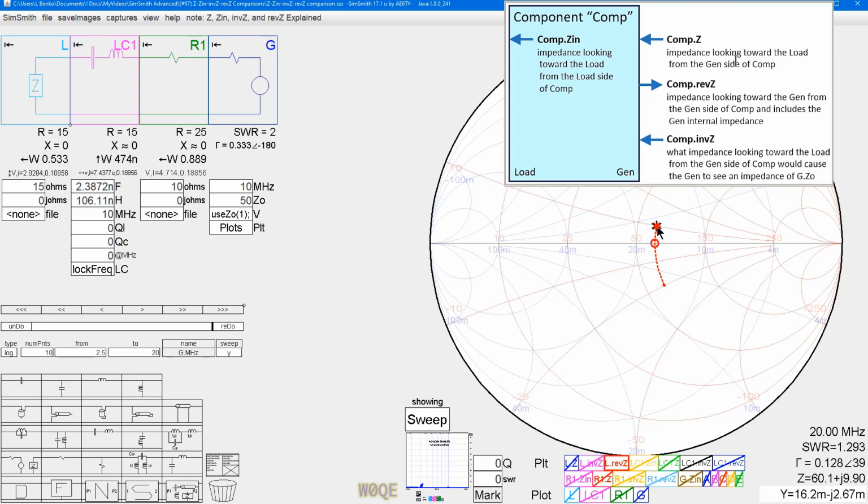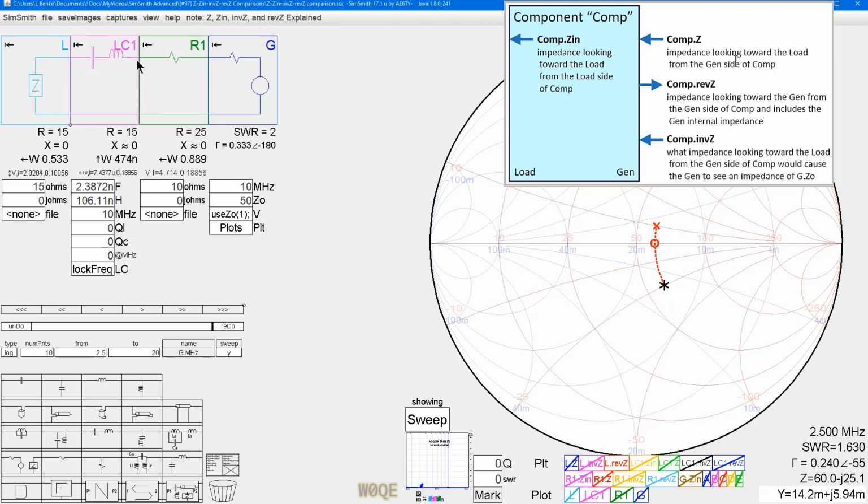Up here at 20 megahertz, we see 50 plus 10, or 60 plus J10, which is shown right there. And at 2.5 megahertz, we see 50 plus 10 minus J25, which is 60 minus J25.